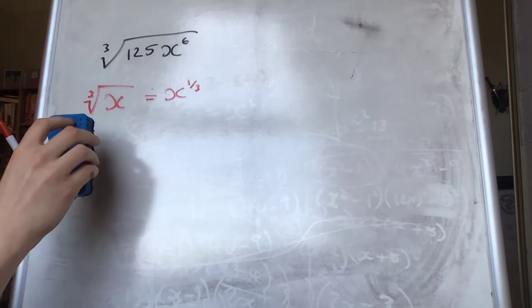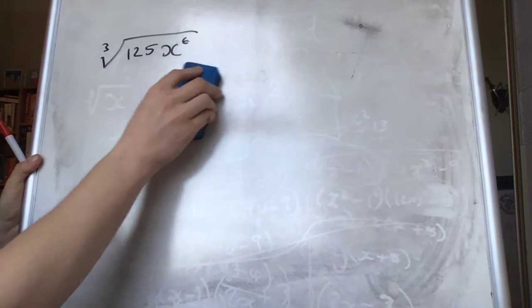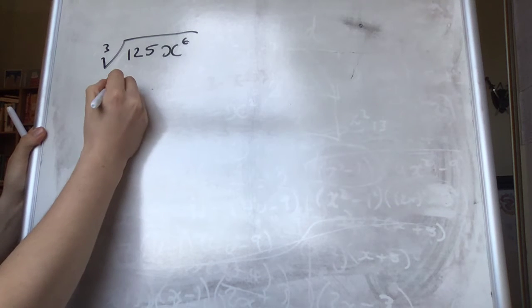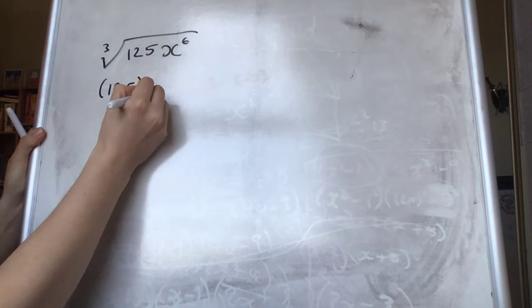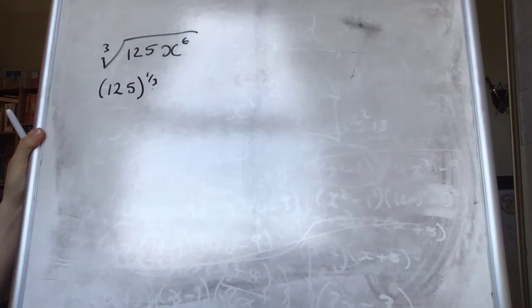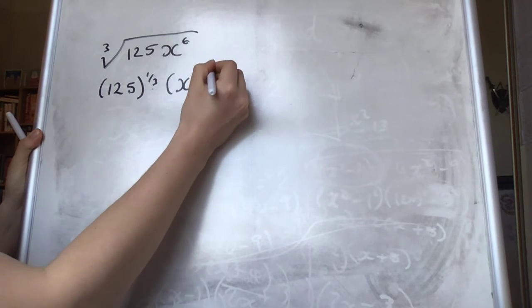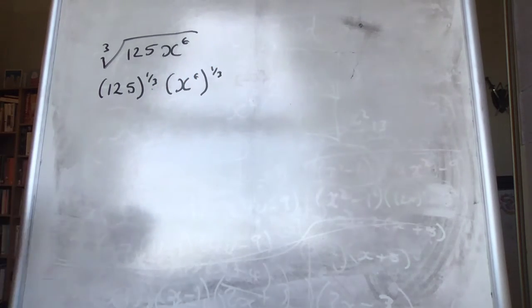So let's rewrite this expression again with that knowledge in mind. So we have 125 to the power of 1/3, and that's going to be multiplied by x to the power of 6, which is also to the power of 1/3.